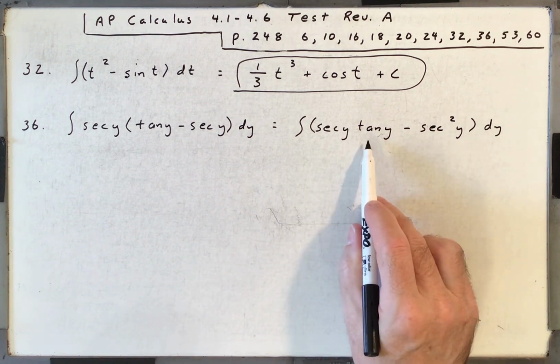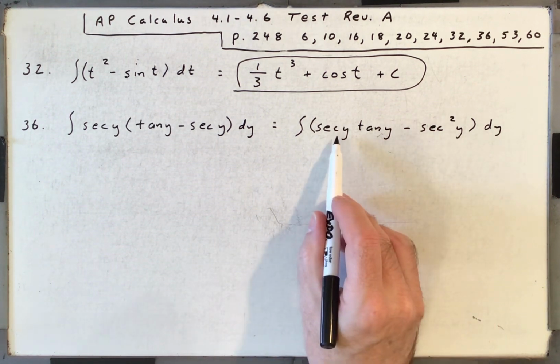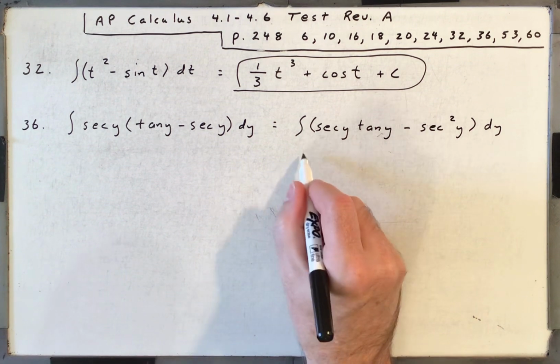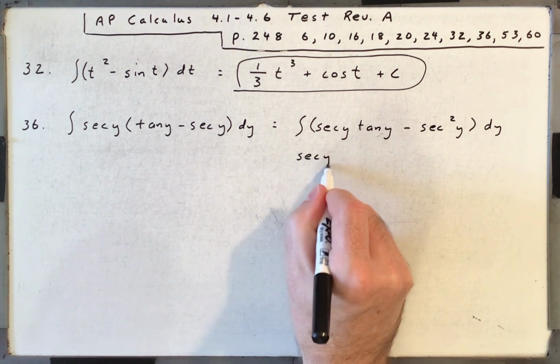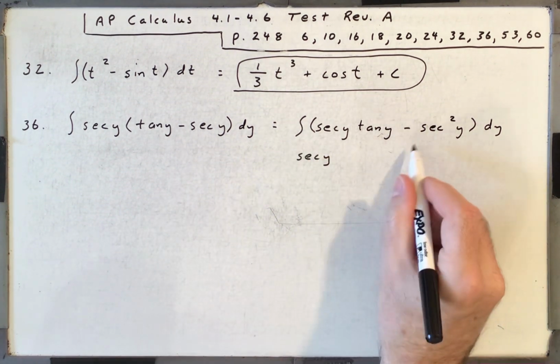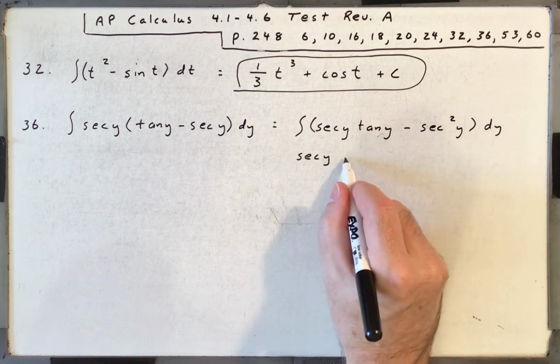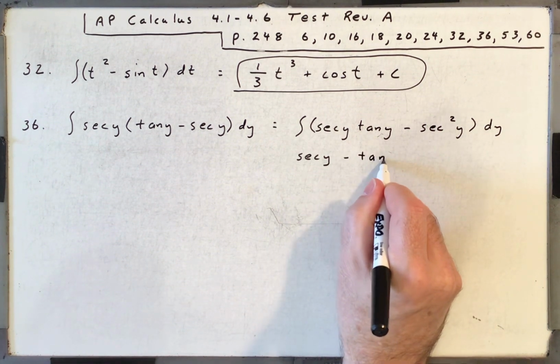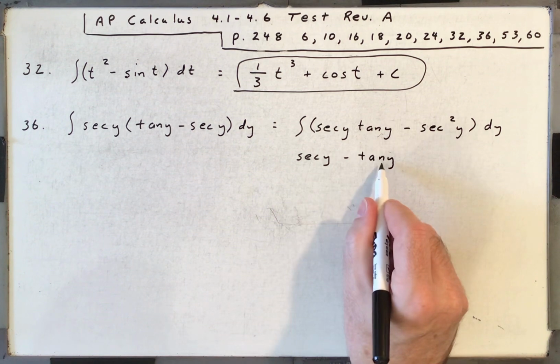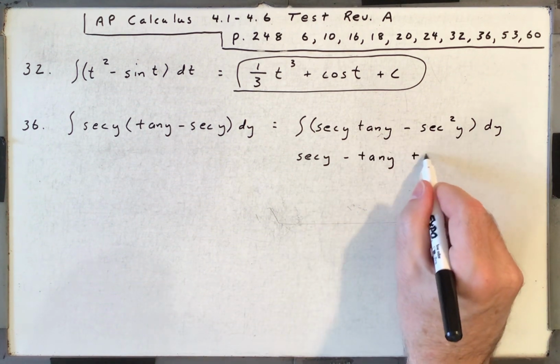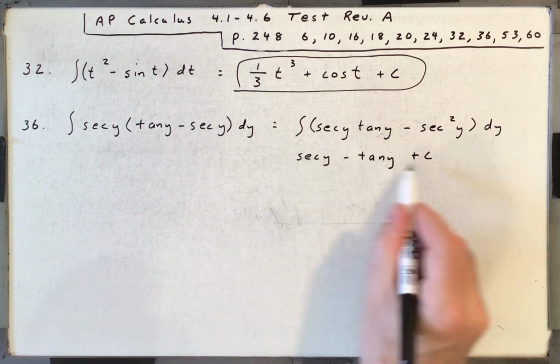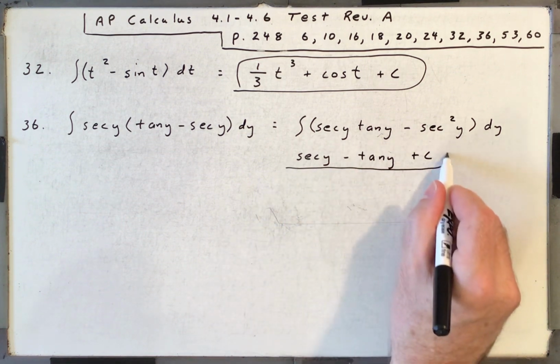And this is just a pretty easy antiderivative. The antiderivative of secant tangent is secant y. And then the antiderivative of secant squared would be tangent y. So secant y minus tangent y plus c. And take the derivative of that to check, but it works.